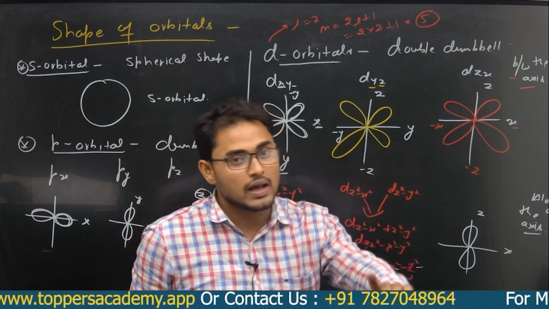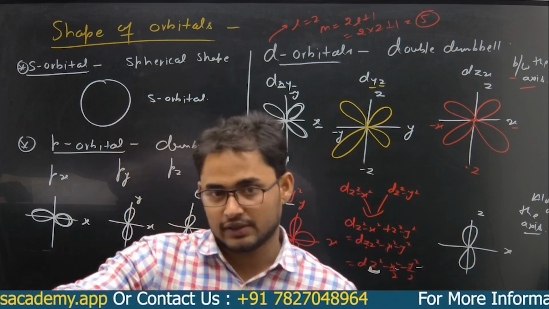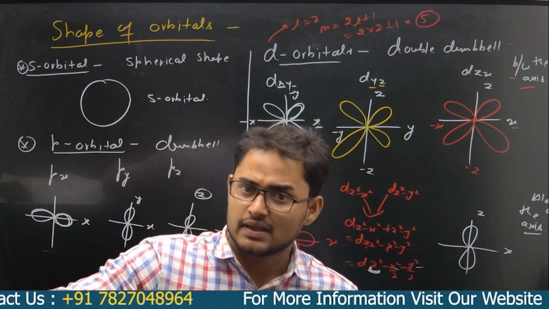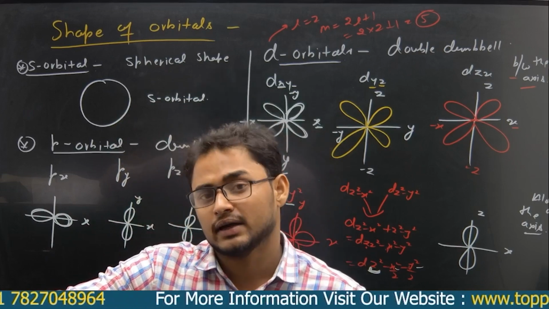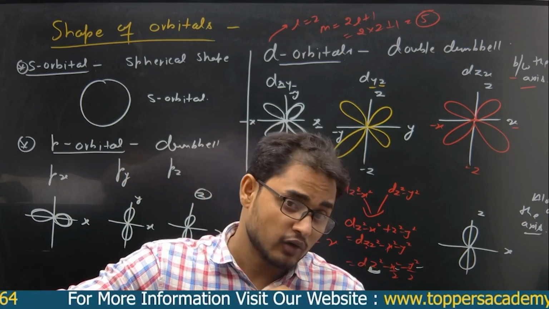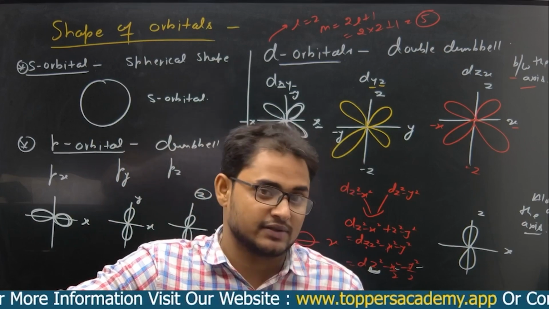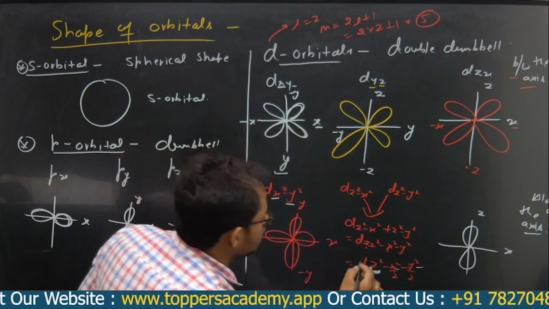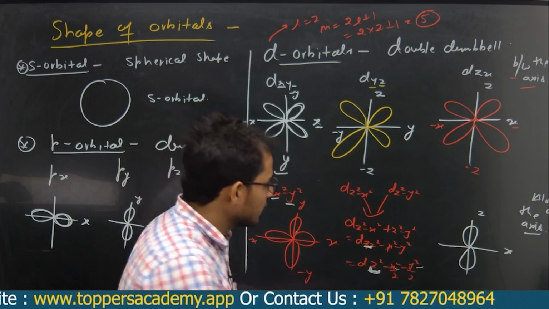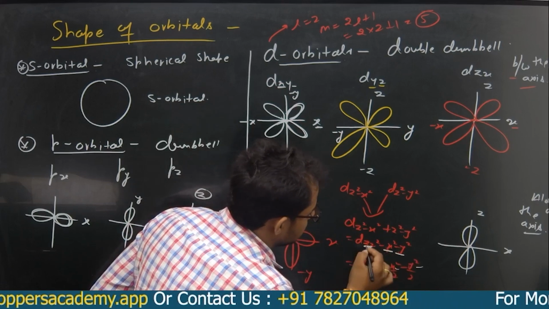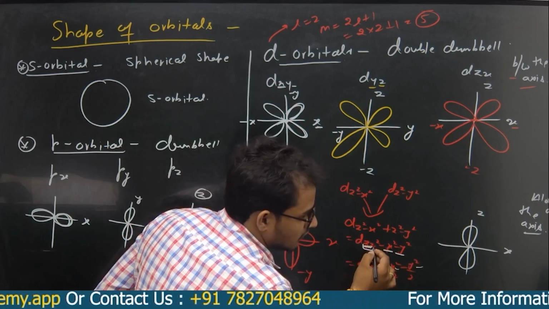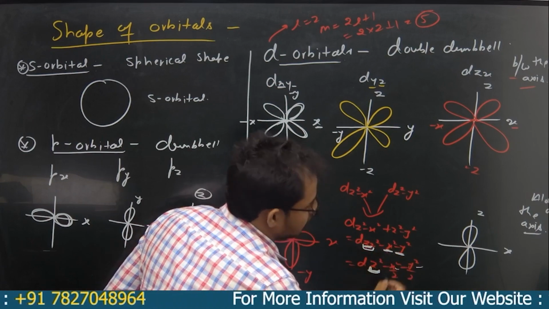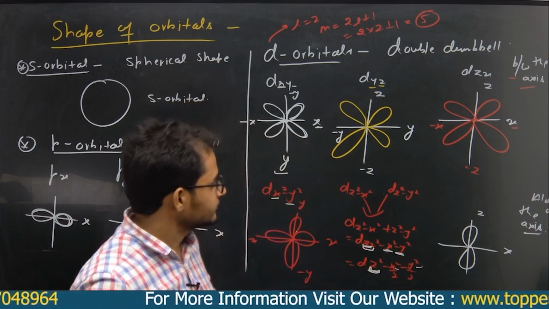That means it will have electron density on the z axis, but it will also have electron density on the x as well as y axes, but the electron density will be higher on the z axis and lower on the x and y axes, because it is 2z square, double, while it is just x square and y square, right?